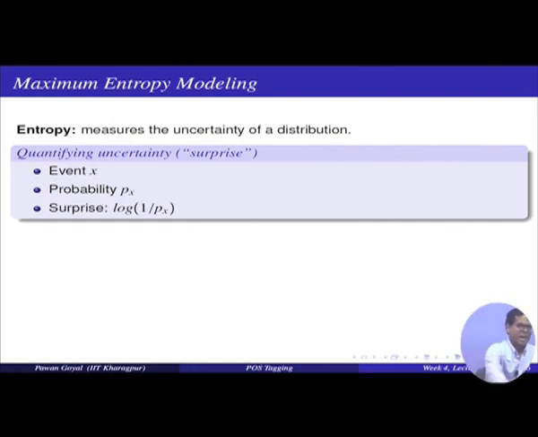So going to the basics. Suppose I have an event x that occurs with a probability of px. Entropy measures the amount of surprise in this event. If it is very surprising, then the entropy will be high. If it is very obvious, the entropy will be low.